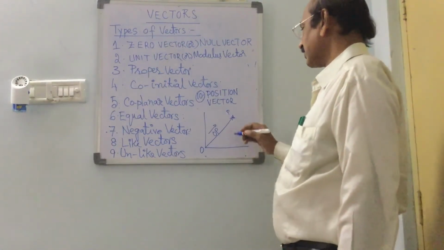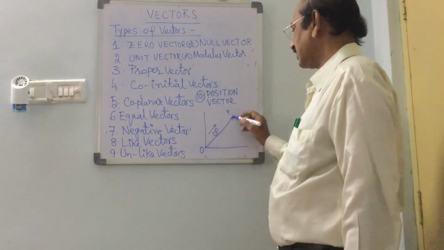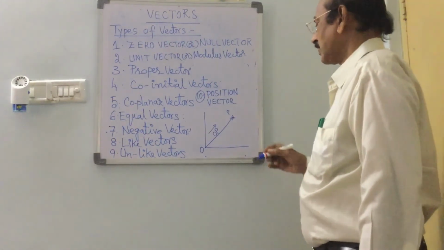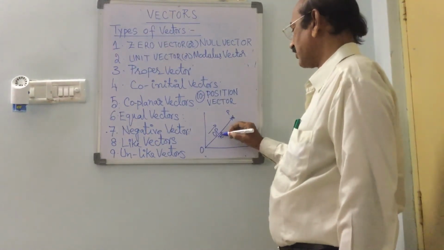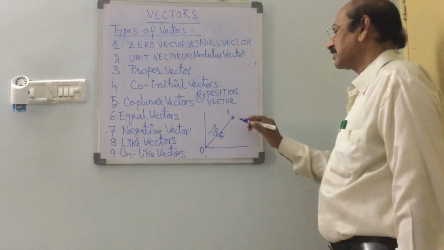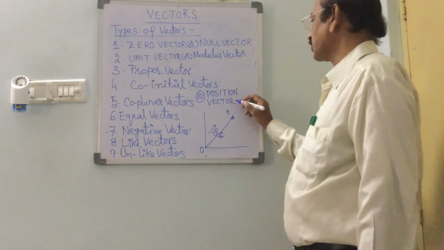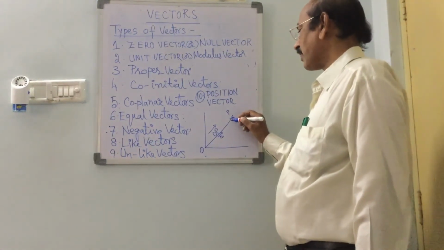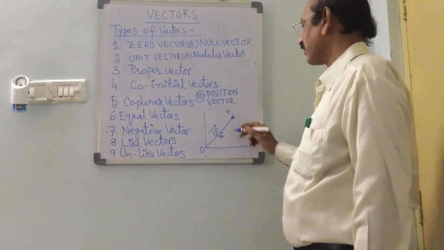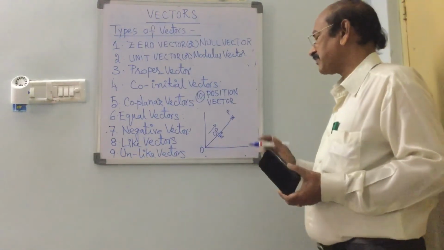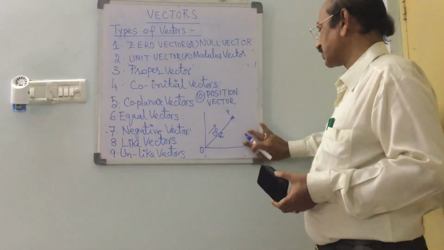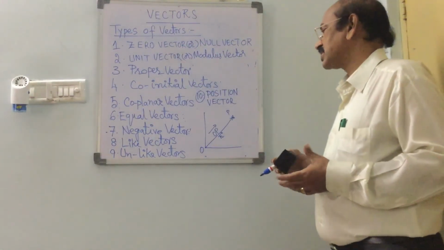So the direction is in the O to P direction. Sometimes by single letter we show with R bar also. So position vector specifies the position of the point P with respect to origin. So this is known as position vector.